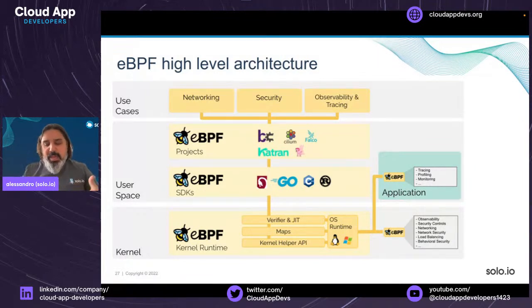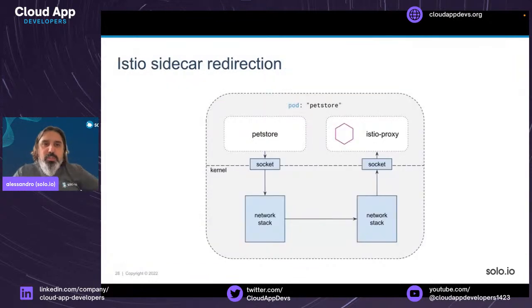You can be alerted when a file is modified, or when there's an access, or when somebody elevates privileges, right? All these things can be collected by eBPF programs and then sent to user space, where you can reason about it, collect it, send it to Prometheus, and do something interesting with it.